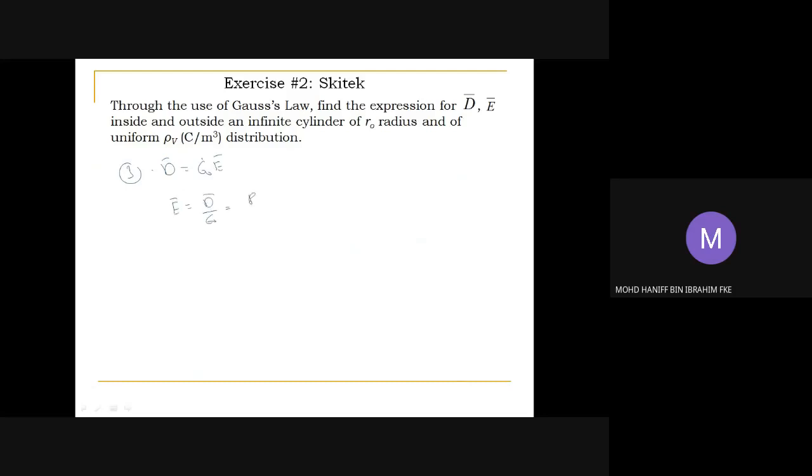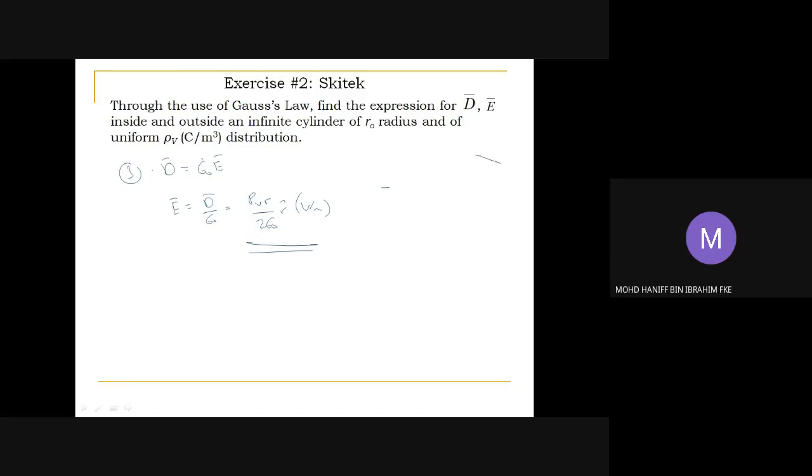We're going to have ρv r over 2 epsilon naught in the direction of r, volts per meter. Because the D that we obtained previously is ρv r divided by 2. That should be the equation of the E field calculated at any point.